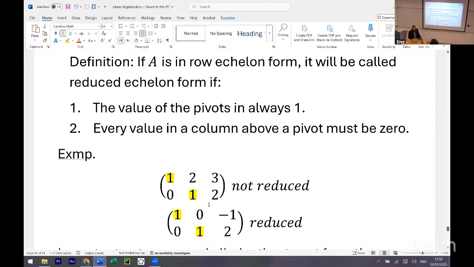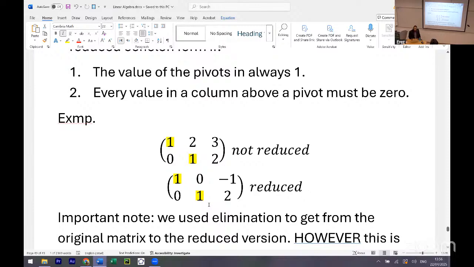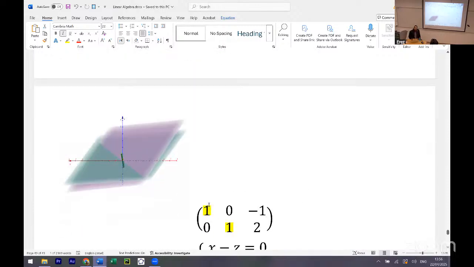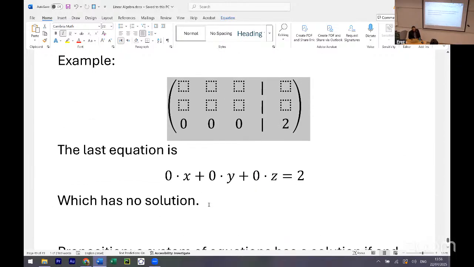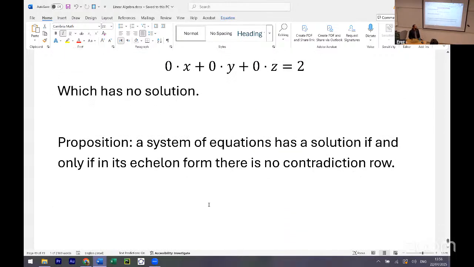So it's obvious why, if there is a contradiction row or the system is inconsistent, there is no solution. What is less obvious, and I will not prove, is why when there is no contradiction row, there must be a solution. It's because we can substitute parameters into the unbounded variables and then find out what the bounded variables equal.